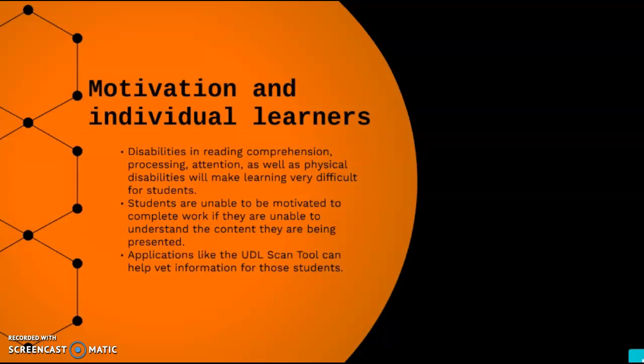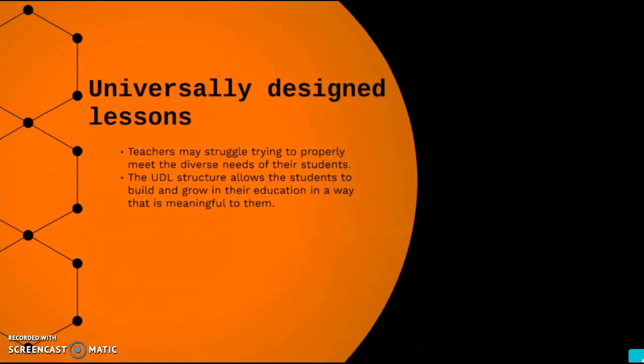So making sure that you can motivate them in your classroom is super important. And being unable to understand the content that's being presented because of its method is only going to hinder that motivation. So applications of things like the UDL scan tool are really going to help vet that information out for those students so you can better meet their needs in the classroom.